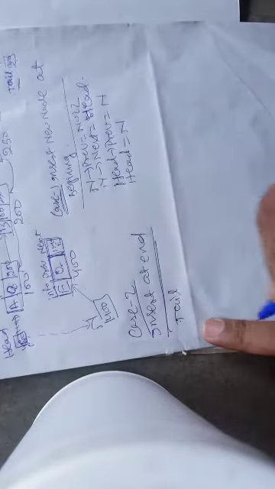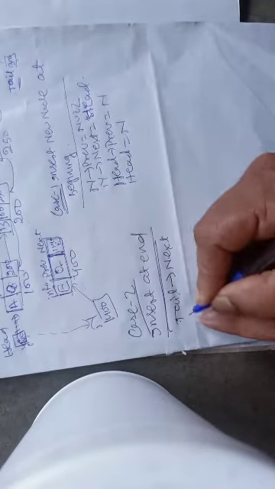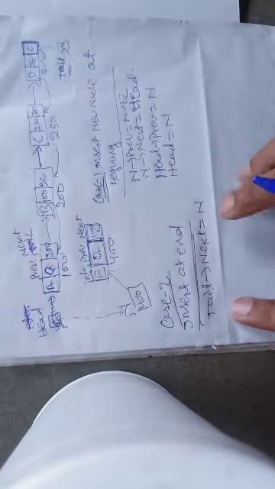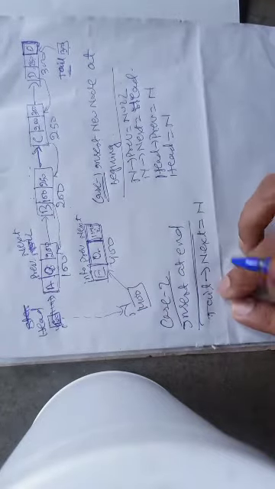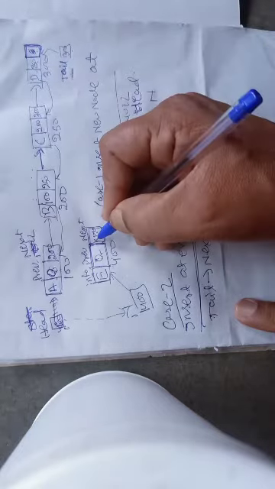Tail, this is my last node. The next part of the tail should contain the address of the new node. See, n means the address of the new node, 400. So the next part of the tail should contain 400, so that it will now point to this node.